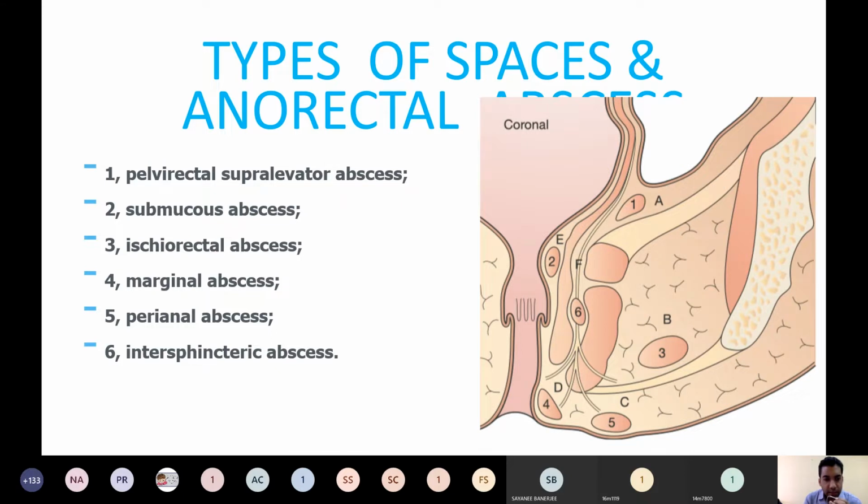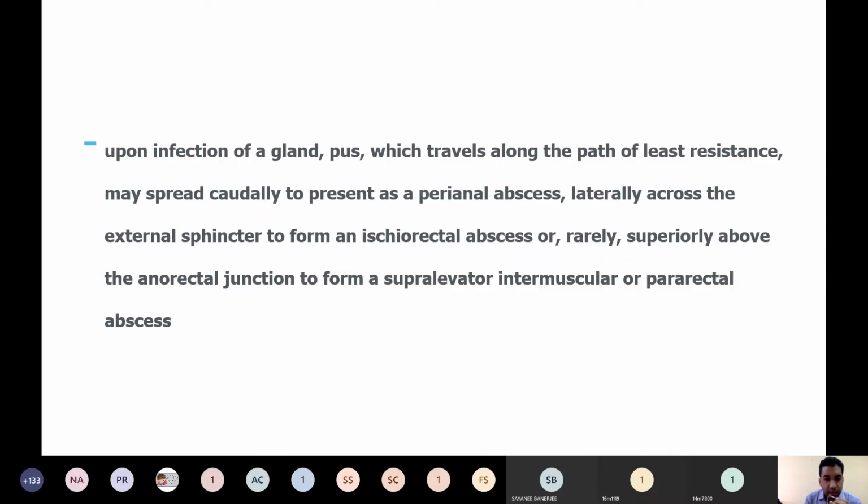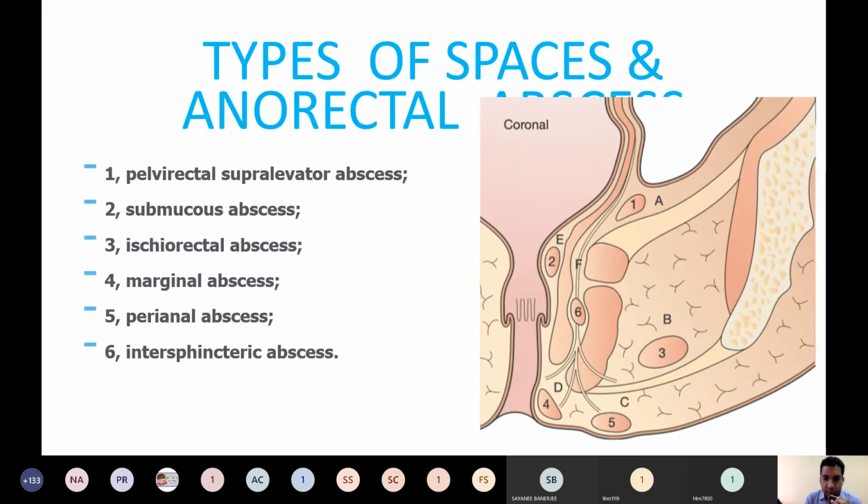So what did we discuss here? Anything that travels lateral to external sphincter becomes ischiorectal abscess. This is the ischiorectal fossa, which is bounded by your obturator internus here, levator ani, and external sphincter. So this is ischiorectal abscess.